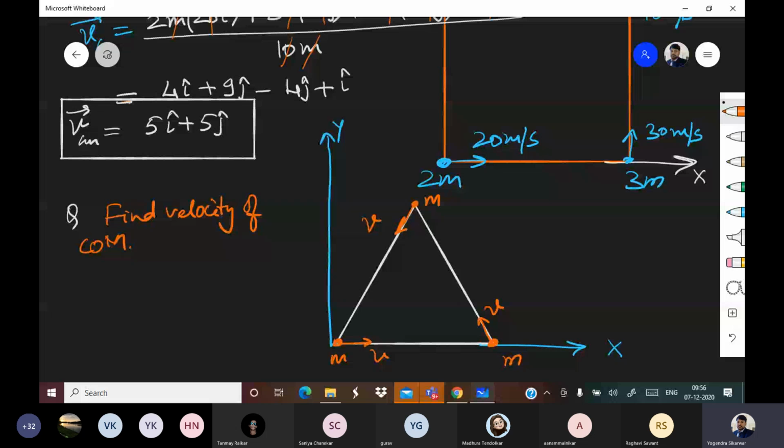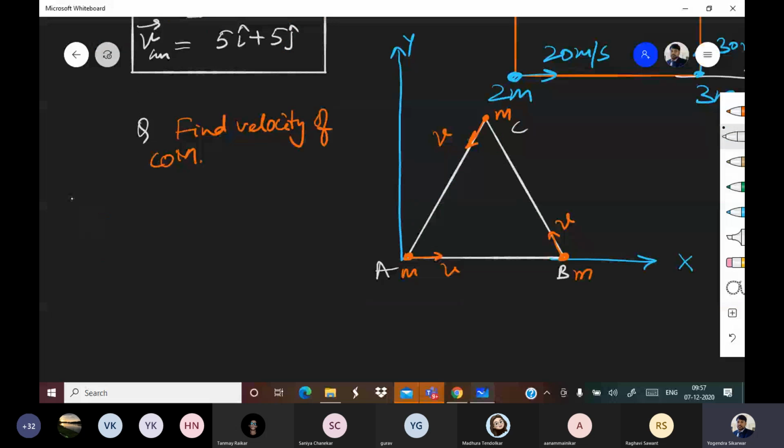So let me call these particles A, B, and C. So velocity VA is equal to V I cap. VB, so what you can see is this is 60.